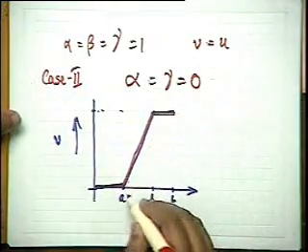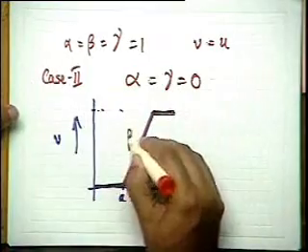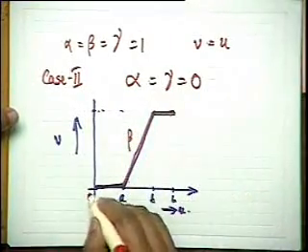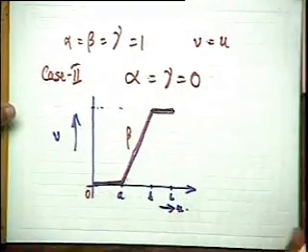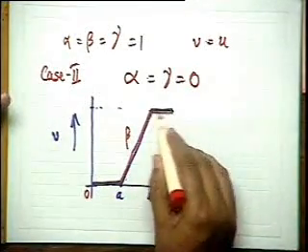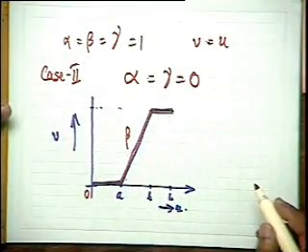That means between A to B I have a slope beta, but between 0 to A the slope alpha is equal to 0. Between B to L the slope gamma is equal to 0.